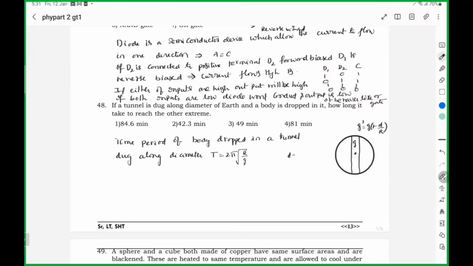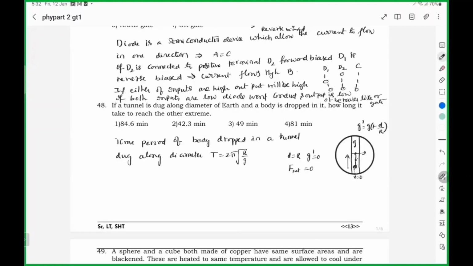When d is r, g dash becomes 0. Your net force is 0. But with acquired velocity, it moved downwards. That process continues. But when body is here, gravitational force acts towards the center, its velocity decreases.